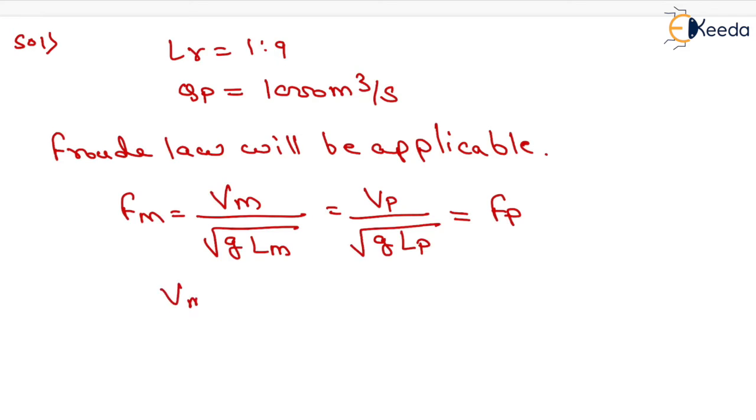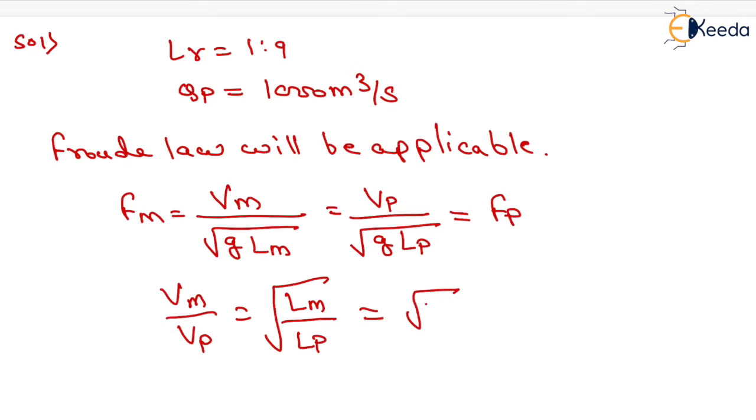Now Vm upon Vp will be equal to under root of Lm upon Lp, which will be equal to under root of Lr. So Vr will be equal to under root of Lr.